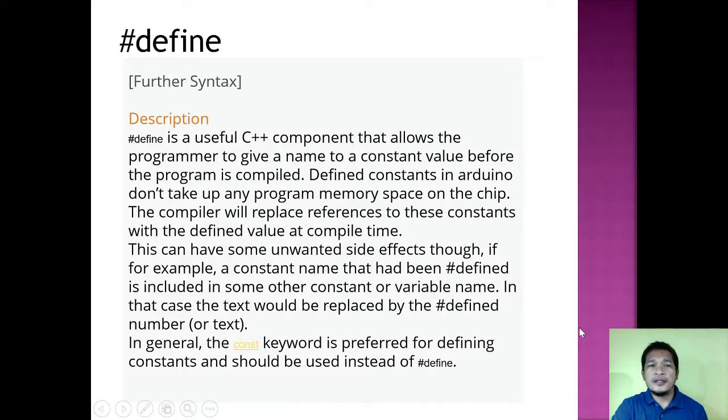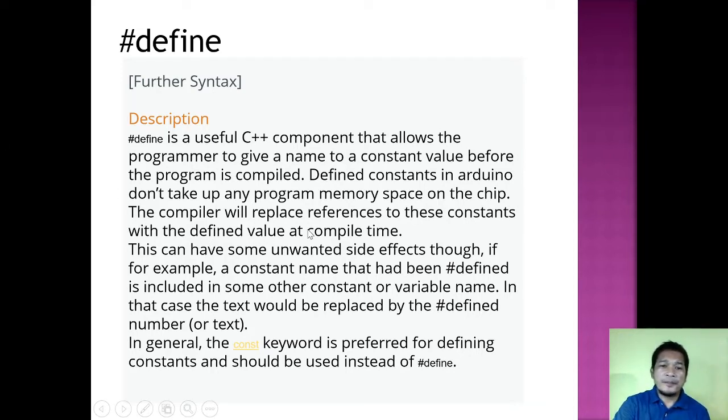So let us discuss what number sign define is. Number sign define is a useful C++ component that allows the programmer to give a name to a constant value before the program is compiled. Defined constants in Arduino don't take up any program memory space on the chip, so it does not use much allocation of our memory.